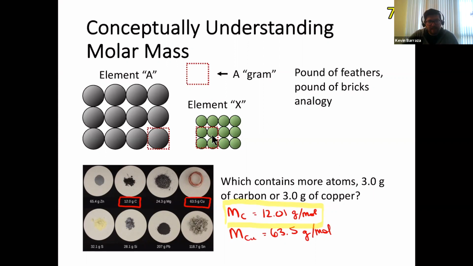Again, the idea is that carbon has a smaller amount of mass to reach a mole, whereas copper needs a larger mass to reach a mole. So when I reach 12 grams with carbon, I will reach a mole of carbon atoms. But if I weigh 12 grams of copper, I have not reached a mole of copper atoms. I need to get to 63.